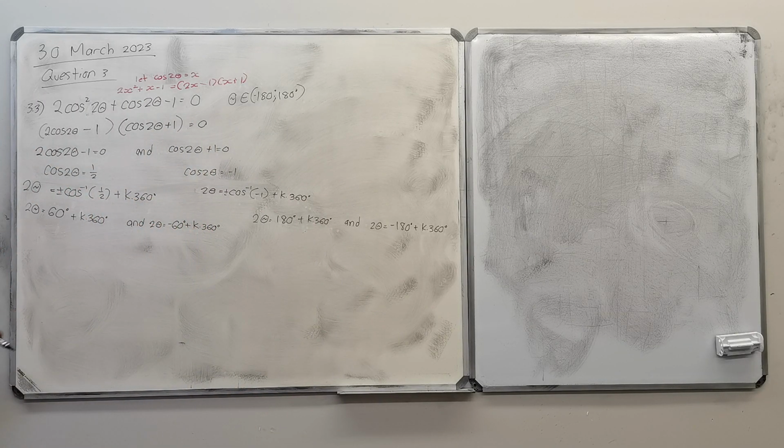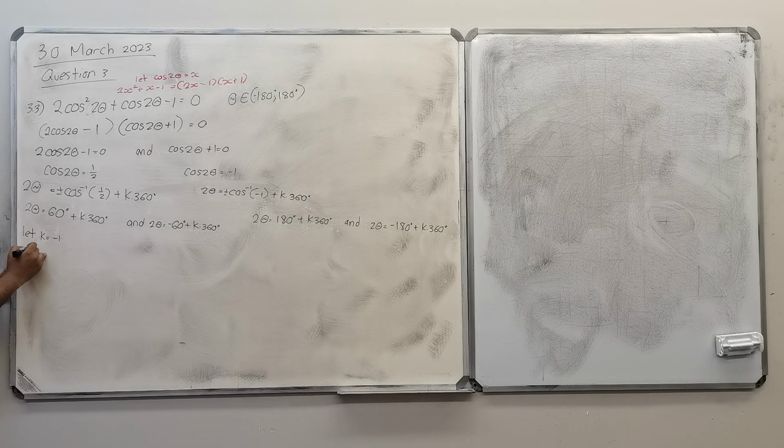Okay, so now we got these general formulas. What you do is you start letting k equal values of minus 1, 0, 1, 2, that sort of thing, right? And the angles you calculate must be within that range. So let's start with a value of minus 1. You'll say let k equal to minus 1.